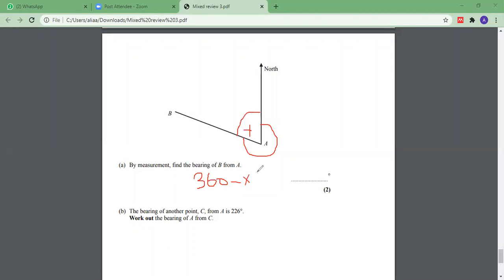Okay, the x is the number that you're going to measure by the protractor. Okay, the bearing of another point C from A is 226. Work out the bearing of A from C.